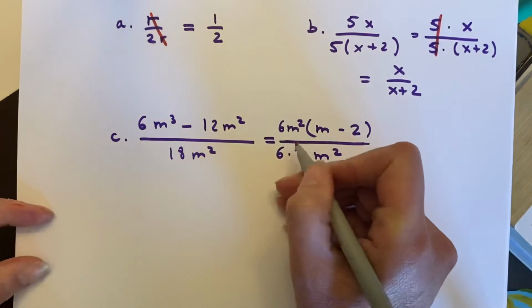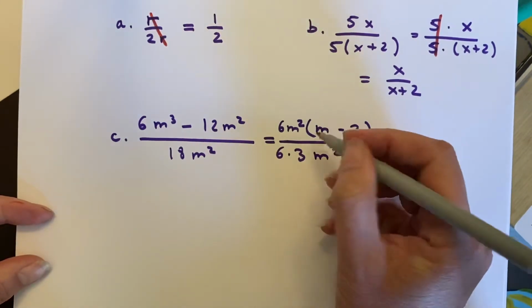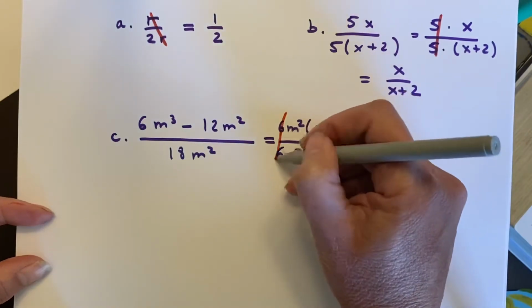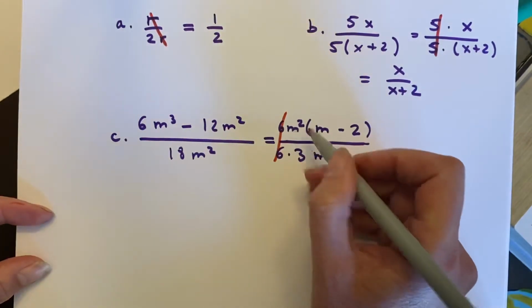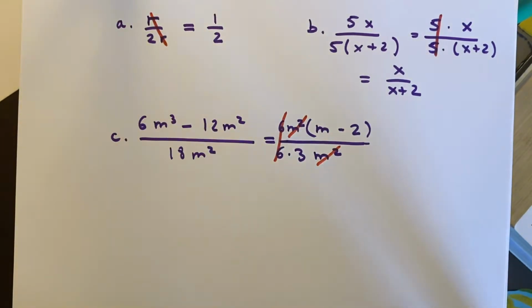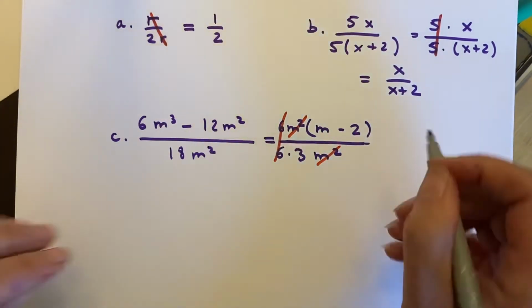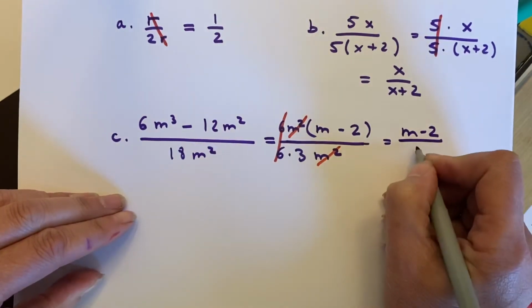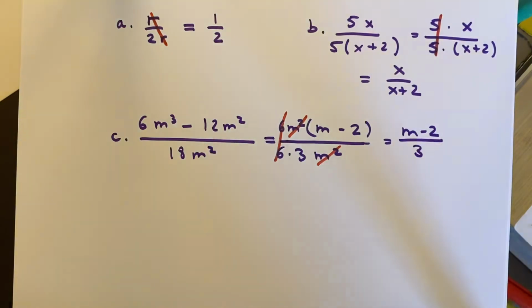Because I have 6 times m squared times m minus 2 over 6 times 3 times m squared, I can cancel the 6s, and I can also cancel m squared and m squared. And so when I'm done, I'm left with just m minus 2 in the numerator and 3 in the denominator.